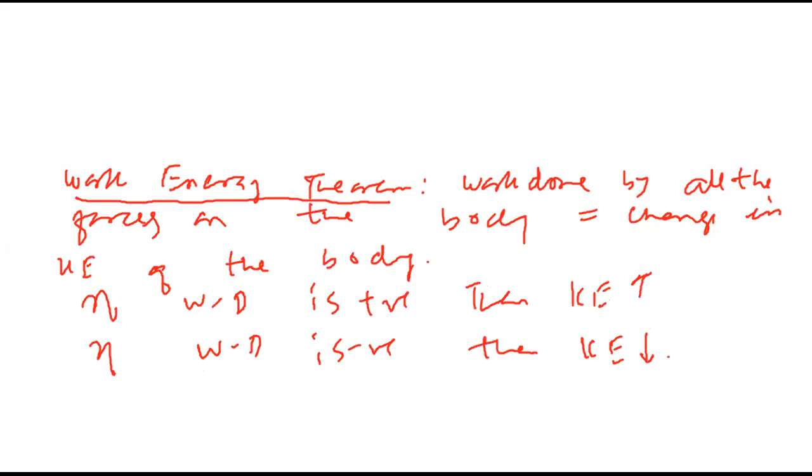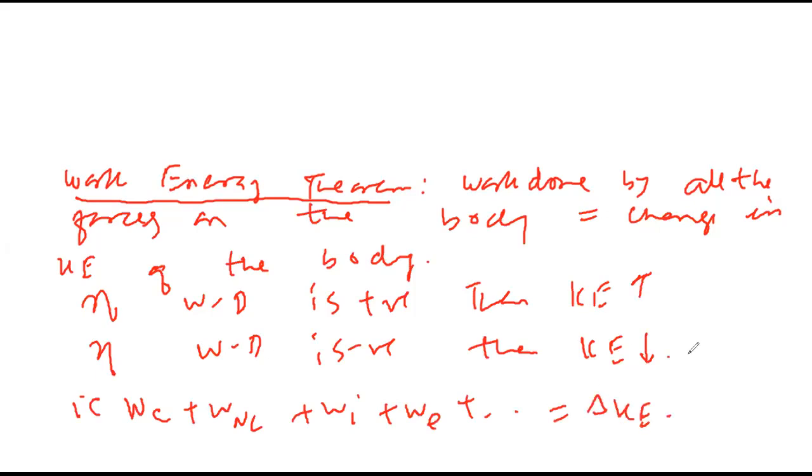That means work done by all the forces, conservative, non-conservative, internal, external, or any force, is always nothing but the change in kinetic energy. To be more precise, it is final kinetic minus initial kinetic.